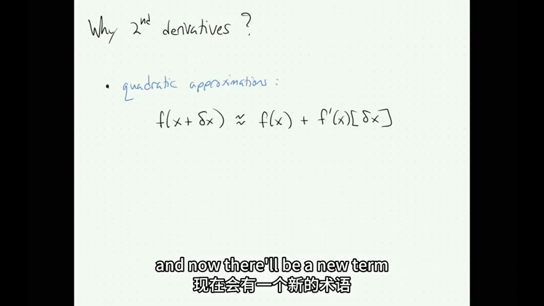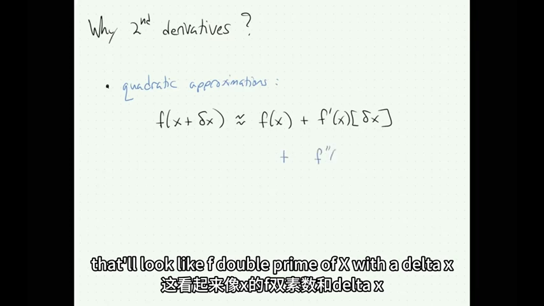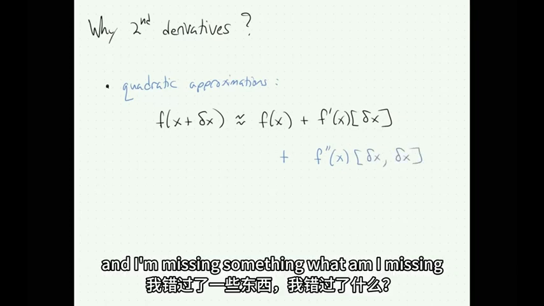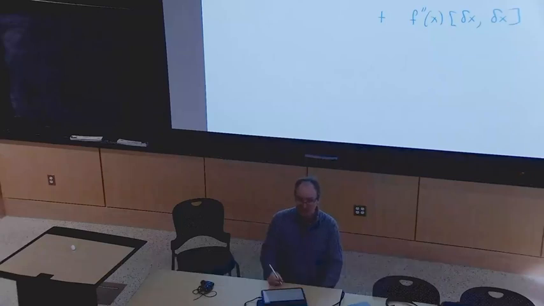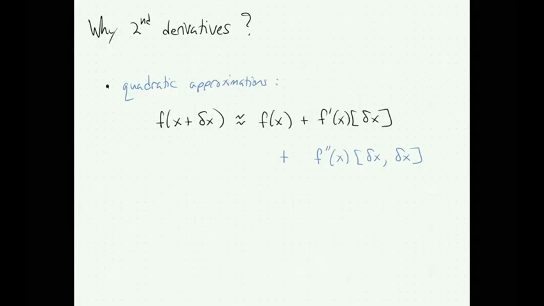And now there'll be a new term that'll look like f double prime of x with a delta x, and I'm missing something. What am I missing? Just think of 1801, Taylor series. There's a half, yeah. Right?